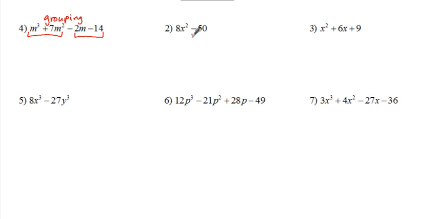Number 2 appears to have a greatest common factor. So let's see what happens after we pull the greatest common factor out. Pull the 2 out and leave 4x squared minus 25. What's left behind appears to be something squared minus something squared.